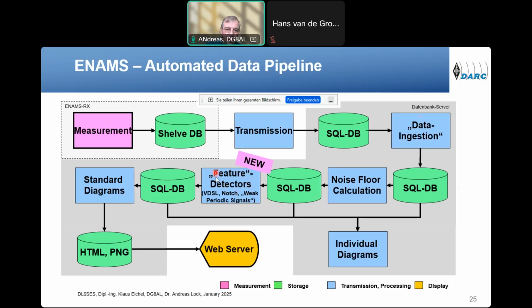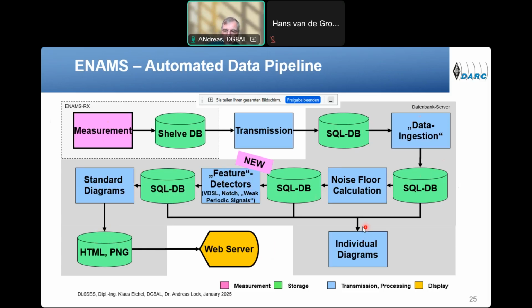The result of the feature detectors is also put in the database, and at midnight we are able to calculate the standard and generate the standard diagrams in HTML and PNG format, which are then uploaded to the web server and can be looked at the next day.